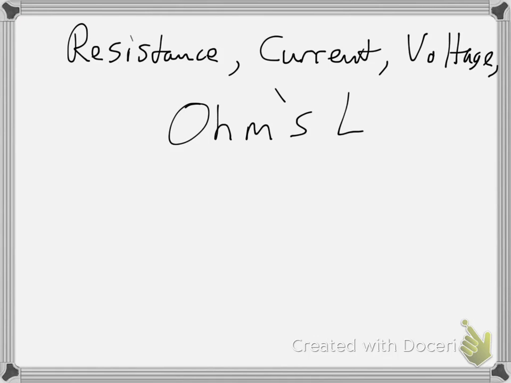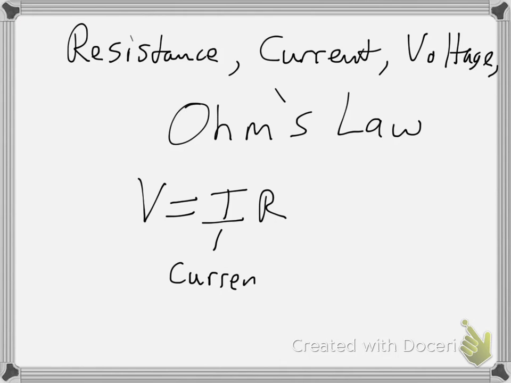So Ohm discovered a relationship between the resistance, the current, and the voltage in a particular simple DC circuit, and I'll explain what DC means in just a minute. But he discovered that for any given voltage source, we'll call it V, the relationship between the current and the resistance and the voltage is V equals IR, where I is the current and R is the resistance.